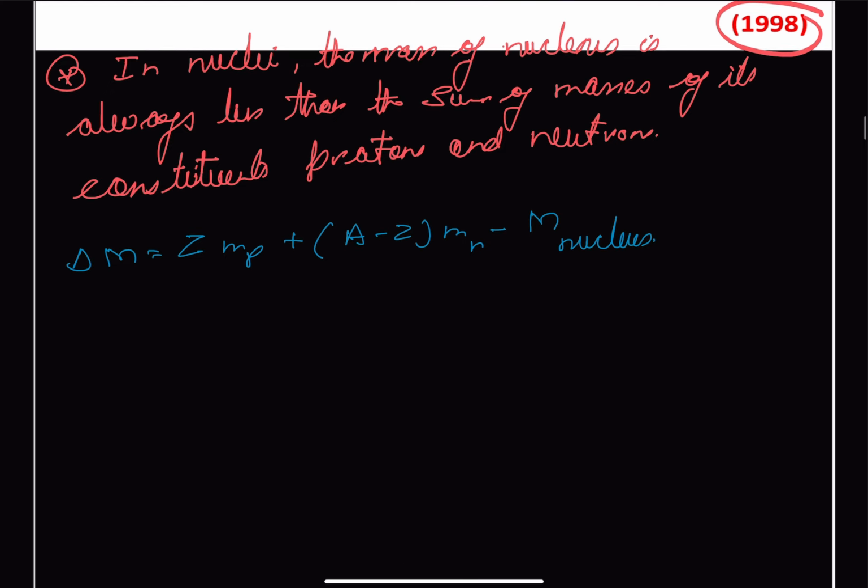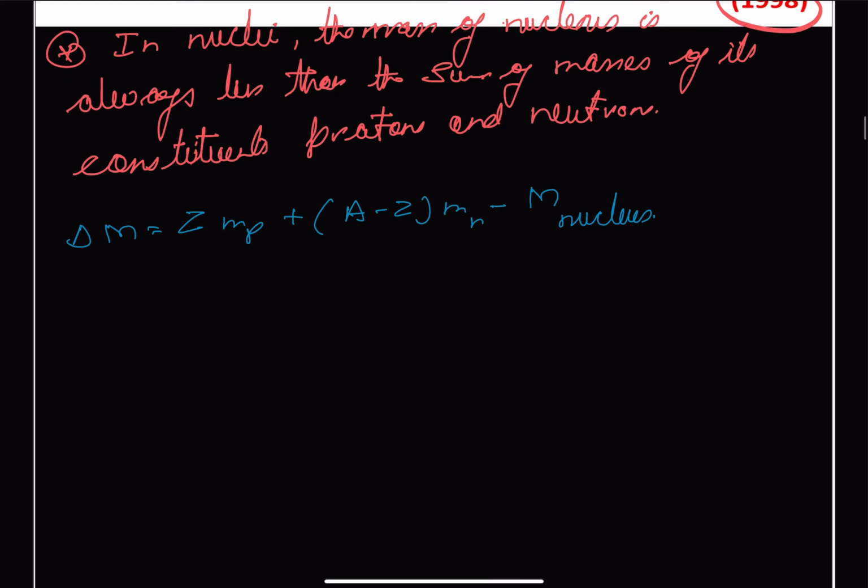And so based on this, we can write that the total mass m will be less than Z multiplied by mass of proton plus A minus Z multiplied by mass of neutron.